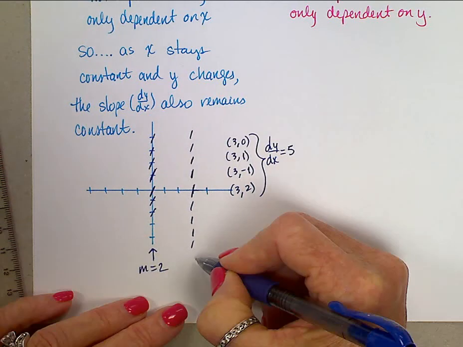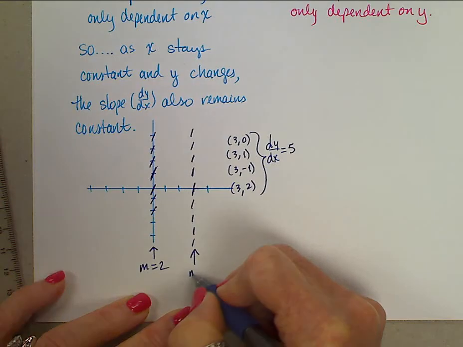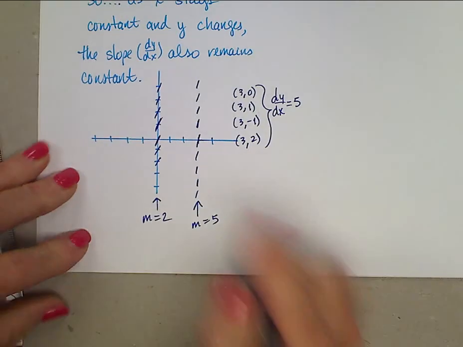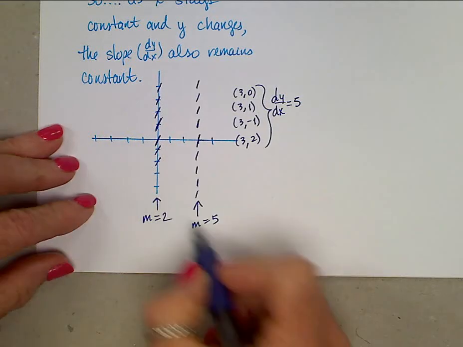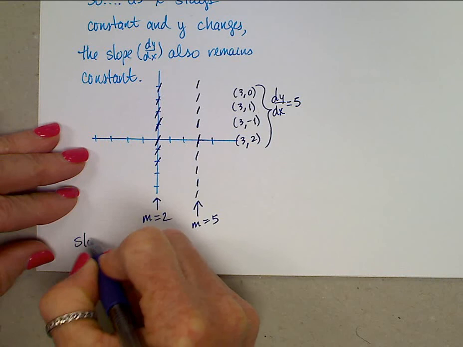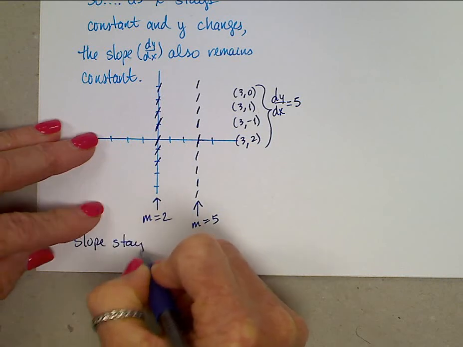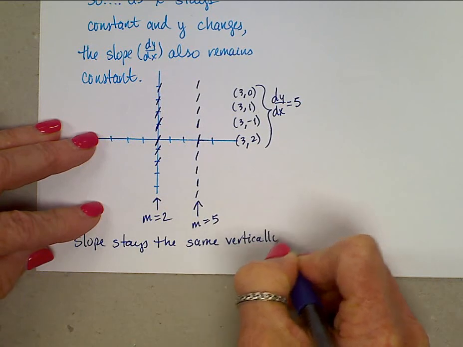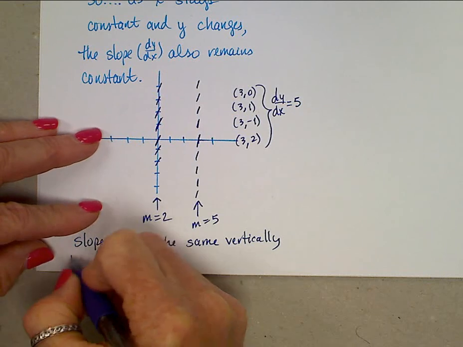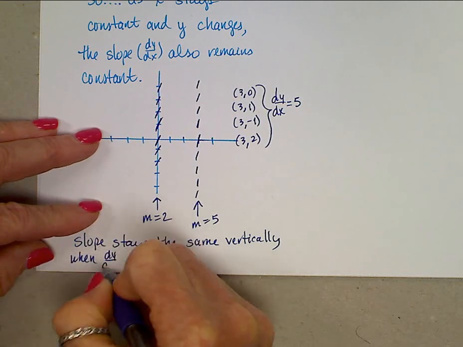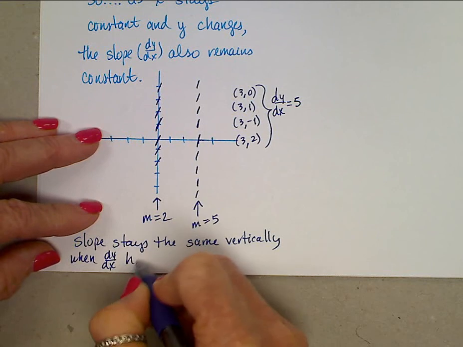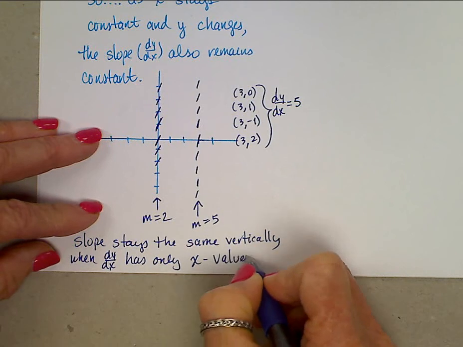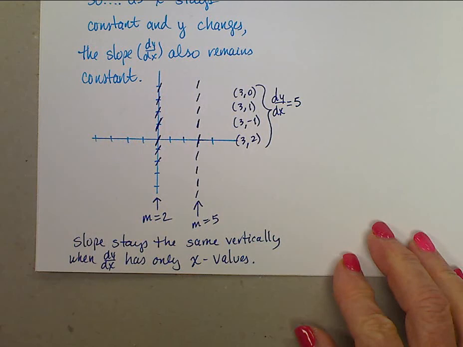So all in this vertical stretch right here, the slope is 5. And to further describe that, the slope stays the same vertically when dy dx has only x values.